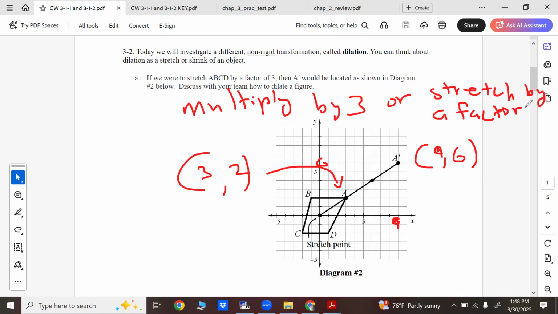I do prefer the more formal way of stating it, stretch by a factor of 3. But multiply by 3 is good to know because you need to know mechanically what you're doing to the coordinates to get the new coordinates. So from a quantitative perspective, we do need to understand that we're multiplying by 3. But the more proper way of stating what you've done is saying it's stretched by a factor of 3.